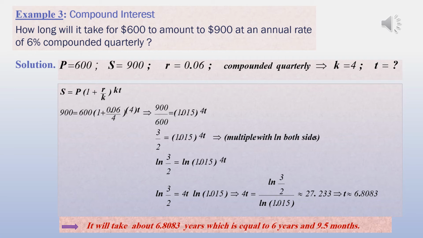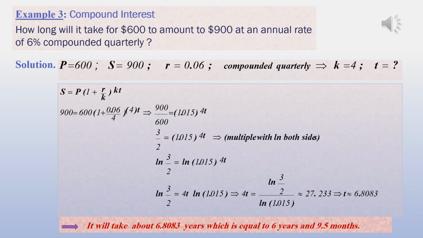So the formula becomes 900 equal to 600 multiplied by 1 plus 0.06 divided by 4, to the degree of 4t. We divide both sides by 600, so we have 900 divided by 600 equal to 1.015 to the degree of 4t.